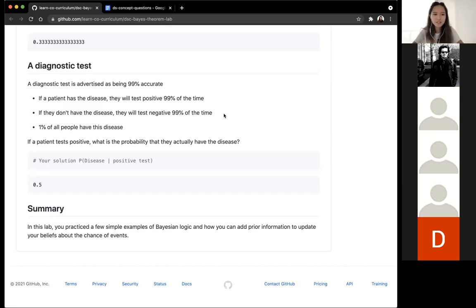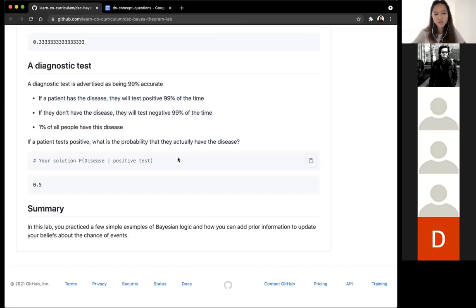So the question they're asking is, if a patient tests positive, what is the probability that they actually have the disease? Without looking into probability, a very common incorrect answer is 99%. And you can sort of see why people would say 99%, because if they test positive, the probability that they have the disease sort of looks like this. If the patient has the disease, they'll test positive 99% of the time, but that's slightly different.